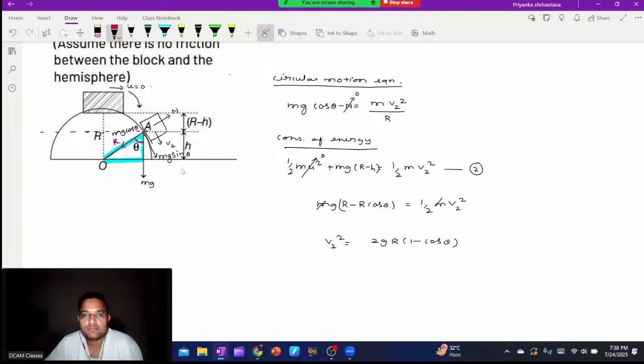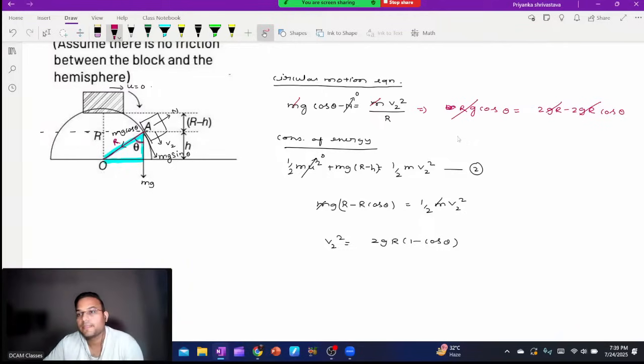Yes, sir. Achha. So I'll just put that v2 value here. Again I'll cancel. So it will become rg cos theta is equal to 2gr minus 2gr cos theta. So gr I'll cancel.